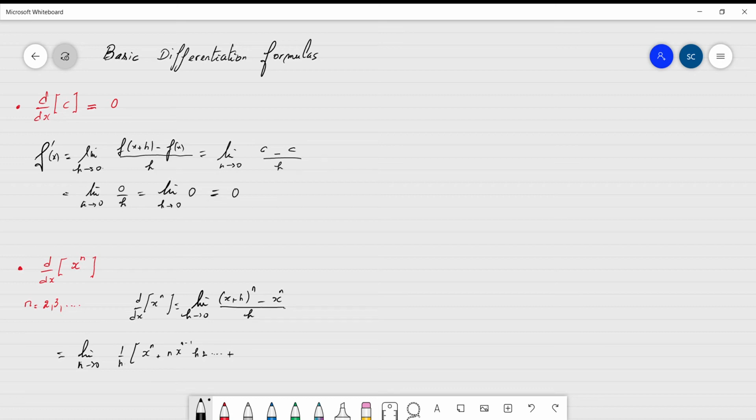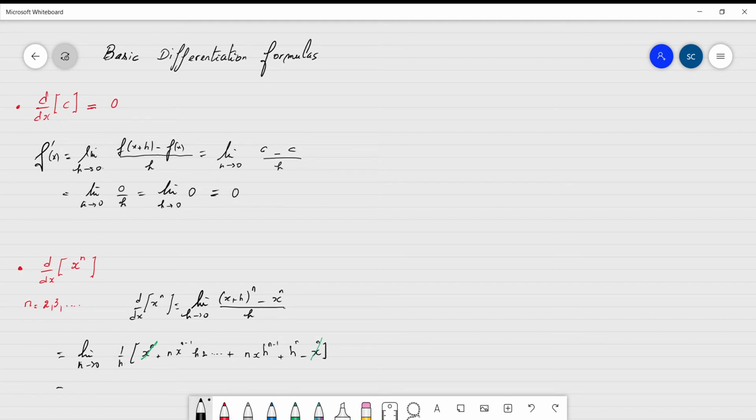At the end we will have n x h to the n minus 1 plus h to the n, minus x to the n. You see that we can cancel this term with this one, and we can put h as a common factor. Then we can simplify.